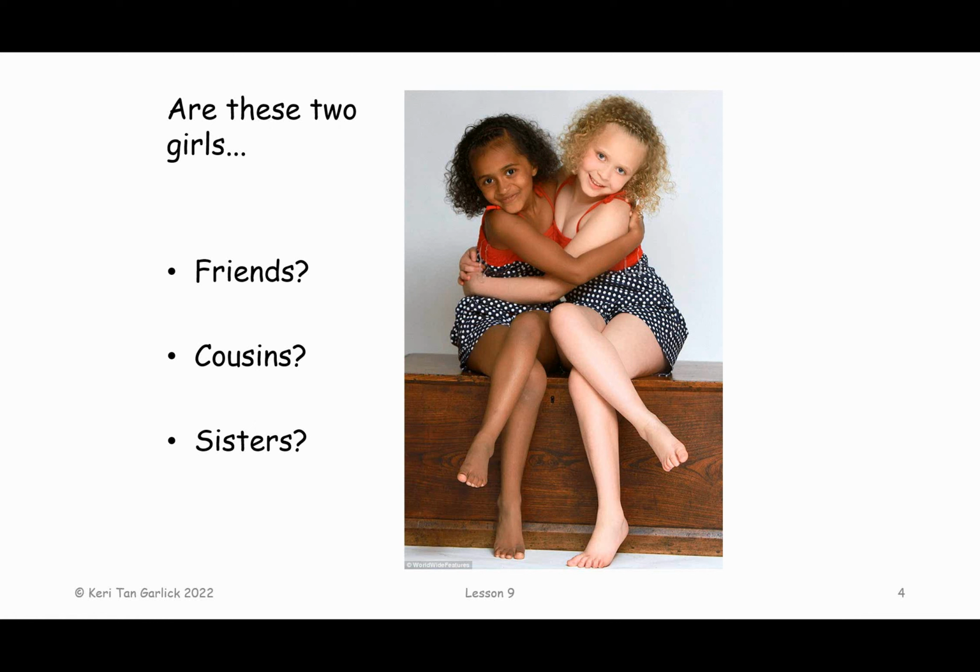So in order to introduce some of these ideas, I have some really cool real-life examples. In this case, we have 2 girls, and I like to ask the class if they think these 2 girls are friends, cousins, or sisters. Take a moment and have a guess, and I'll give you the answer.